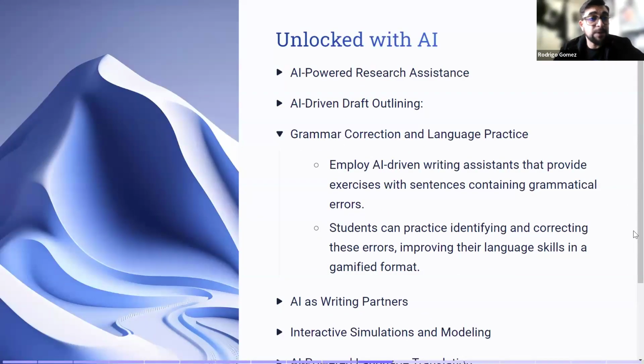Grammar correction and language practice. I mean, AI is a great tool for generating incorrect results with tons of grammatical errors. So, hey, maybe you forgot your examples, right? As you enter the classroom, you can say, hey, ChatGPT, can you please produce some good examples here with grammatical issues for my students to correct?